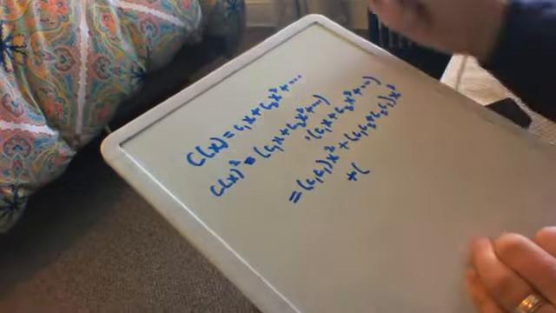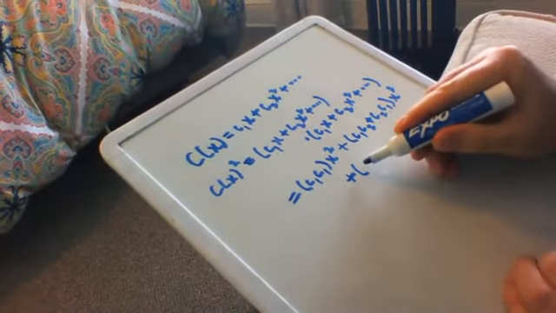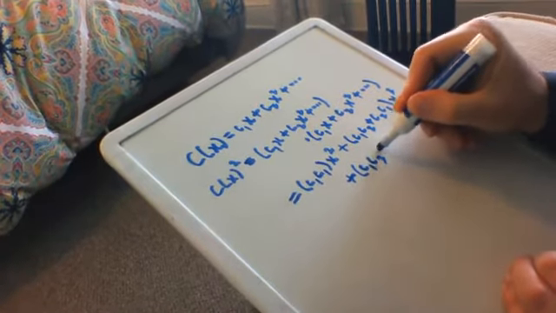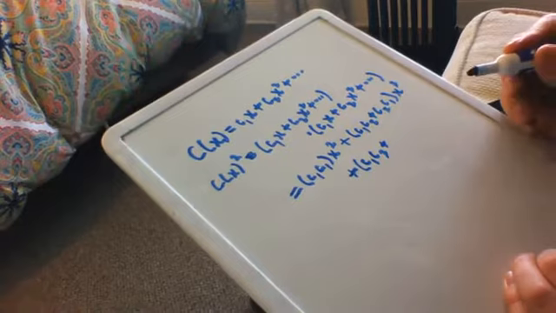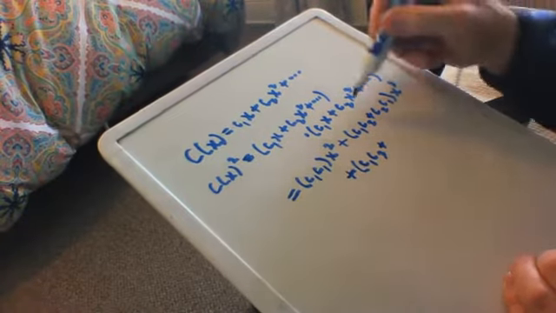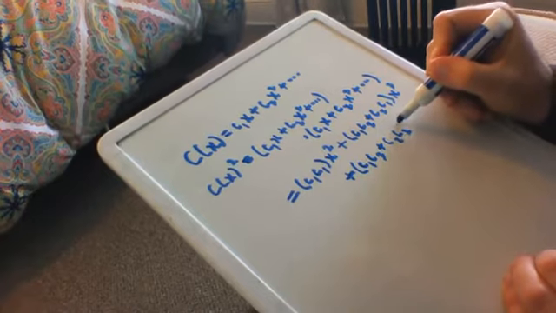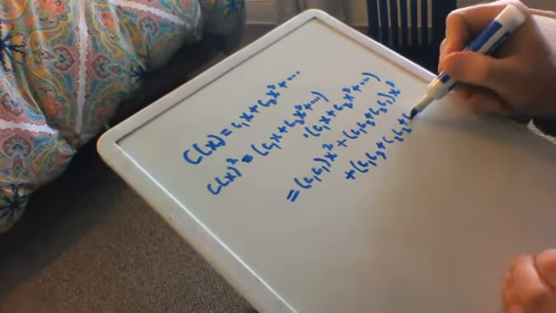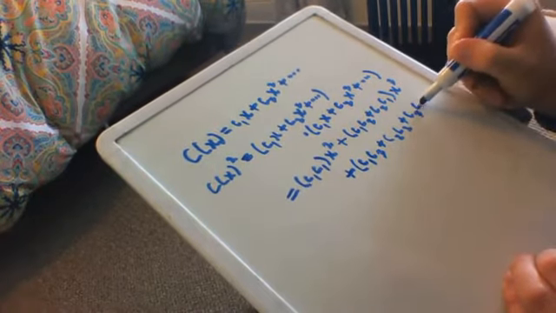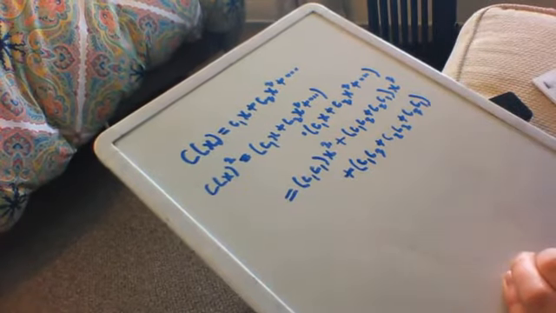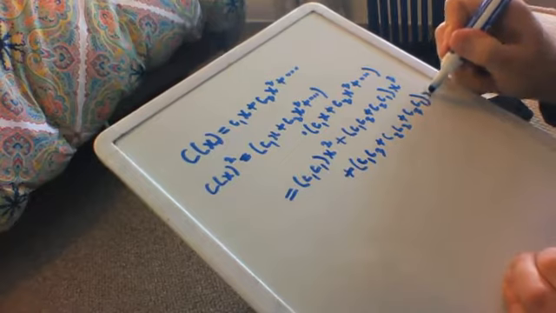If I want x^4, I'm going to have to take C1 times C3 plus C2 C2 plus C3 C1. Close parentheses. And that's the coefficient of x to the fourth.